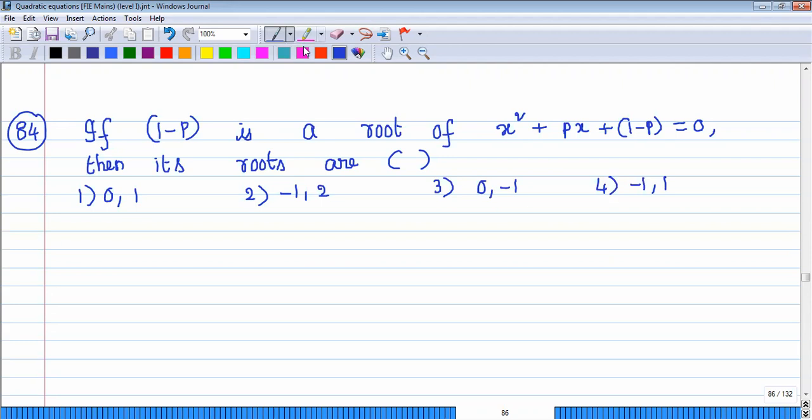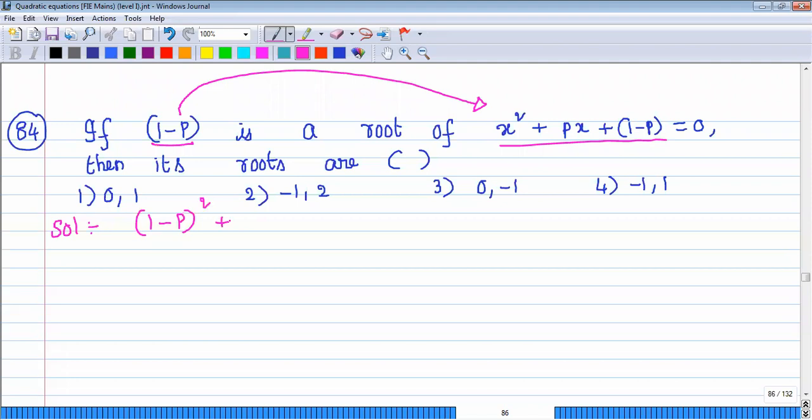Since 1 minus p is a root of this equation, 1 minus p should satisfy it. In the place of x, replace 1 minus p: 1 minus p whole square plus p times 1 minus p plus 1 minus p equals 0.